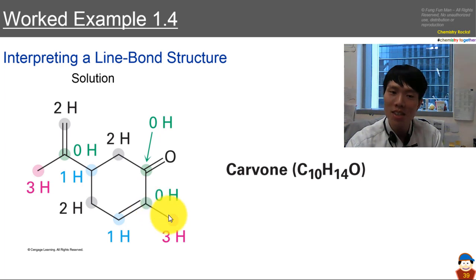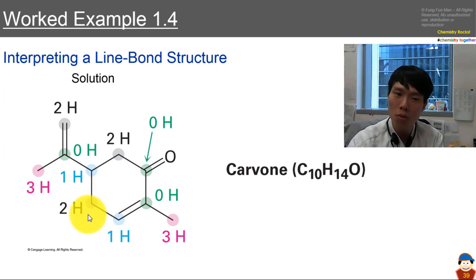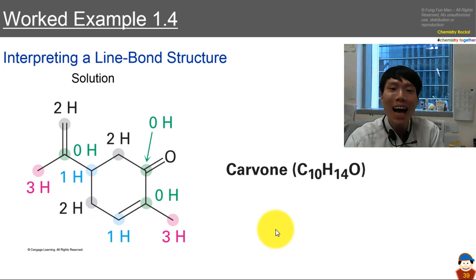Same for this carbon. The last carbon here, I see 1 line, but it should have 4 bonds, so the last 3 must be hydrogen. So same thing, 3 lines shown, 1 hydrogen needed, 2 bonded hydrogens, 1 bonded hydrogen, 0, and 2 lines shown, so 2 hydrogens, 3 hydrogens. That's how you get the structure.